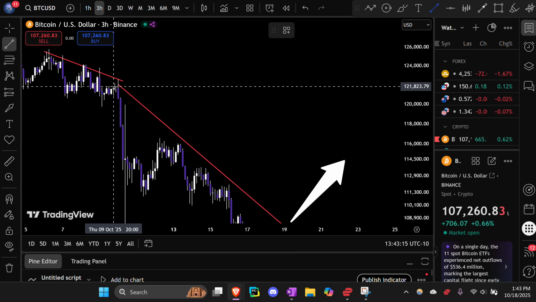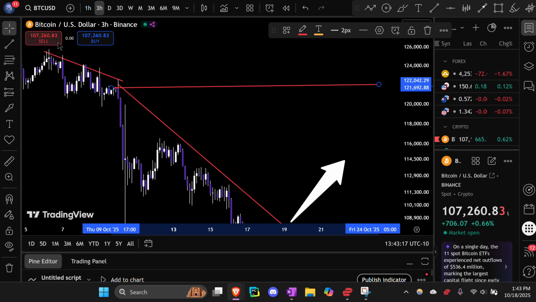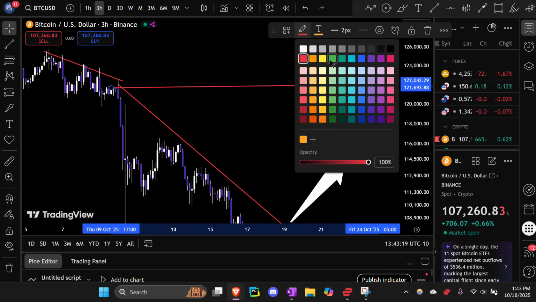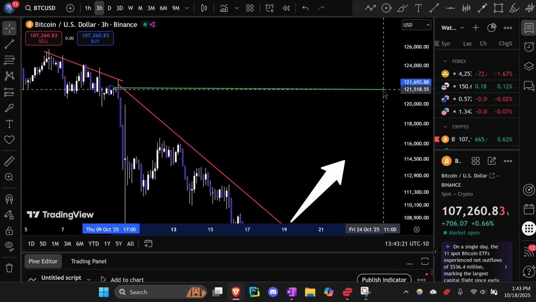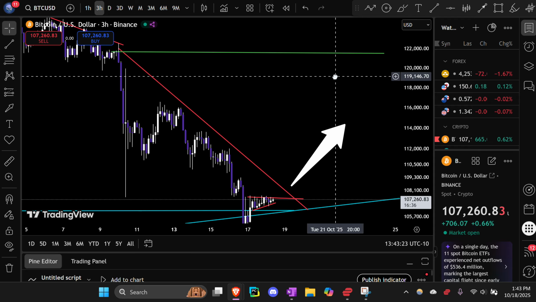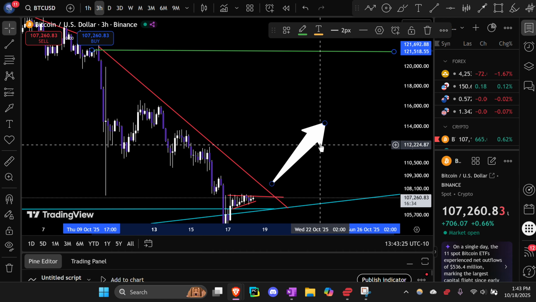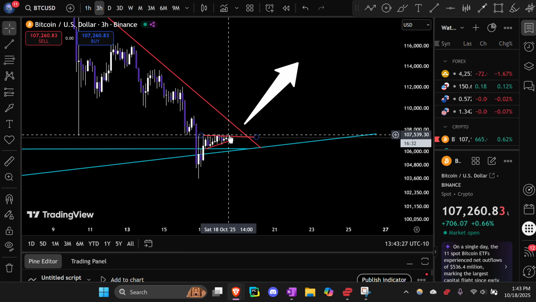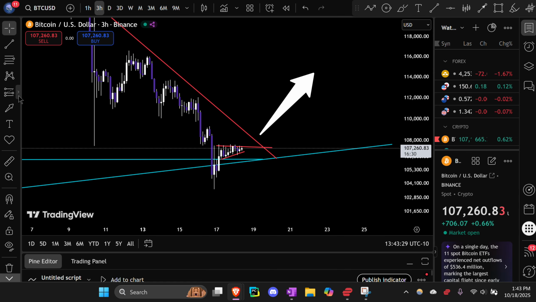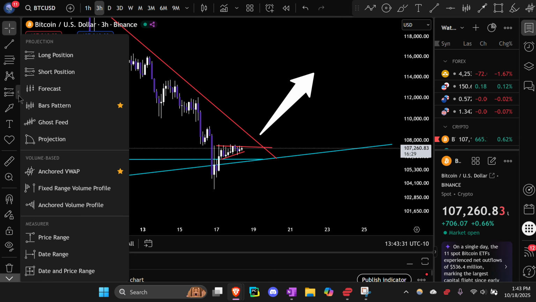Well, let's say I'm trying to get into Bitcoin right here, and I turn this to green because I feel like that's where I want price to go up, so this green line. And right now price is down here, so let's say I go over here to forecasts. It's the fourth one down, or fifth one down, and then you go to long position. Long means up, short means down.